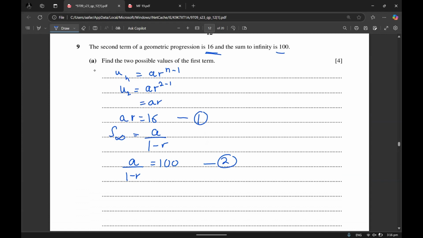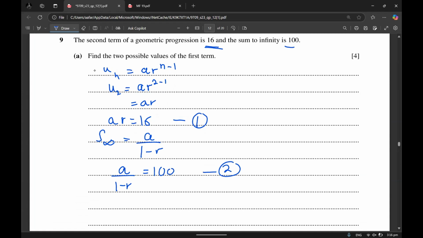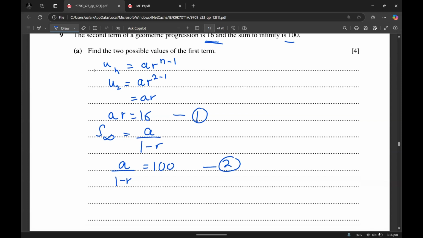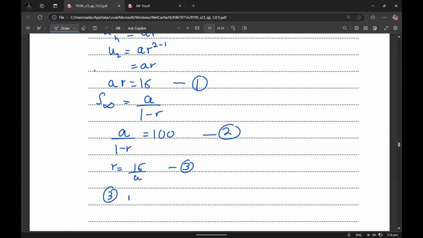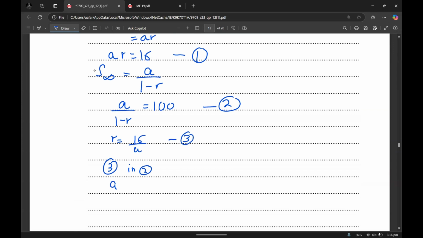So now we need to figure out the best way to solve the two simultaneous equations. If we make r the subject, it becomes 16 over a. Then we put 3 into 2, so we get a over 1 minus 16 over a equal to 100.